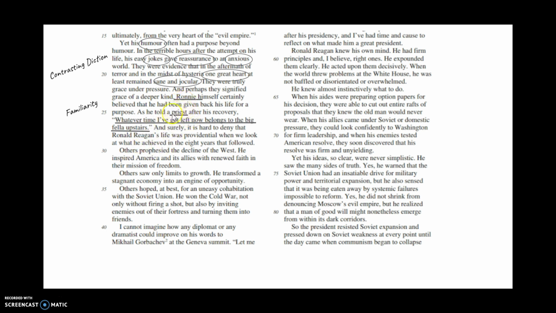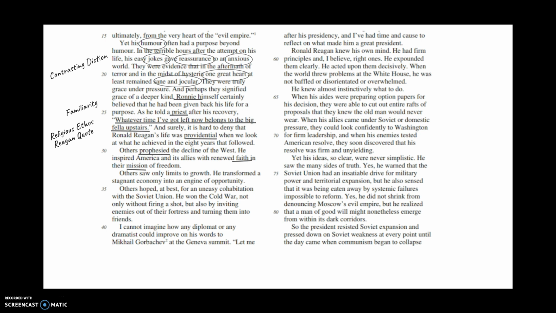Next, she goes into talking about religion. So she mentions that he told a priest after recovery, "Whatever time I've got left now belongs to the big fella upstairs." And so this brings in religious ethos. So the Reagan quote, what Reagan himself said, shows that he had a morality that centered within religion. And this gives him authority because religion's oftentimes used as a form of ethos, especially effective towards other individuals who are religious.